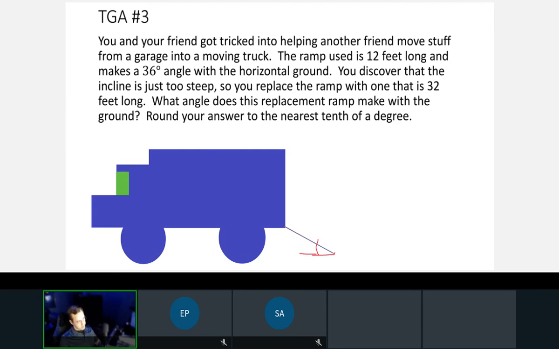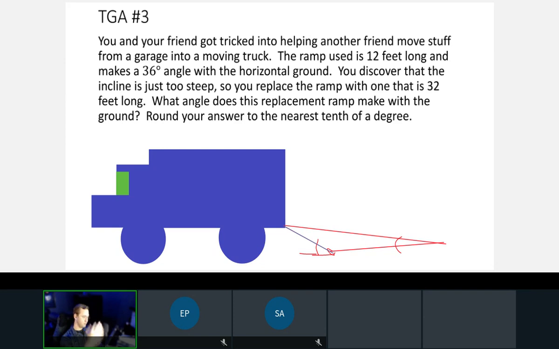So let's do a longer ramp. This is definitely not to scale, but you get the idea. So there's that ramp, and you should probably connect those. That should be a straight line. And then you have that angle. So hey, look, I created a triangle that has 3 sides and angles and stuff.